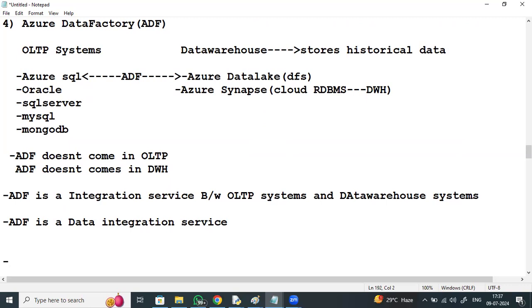So here, all transactions are captured at OLTP systems, right?